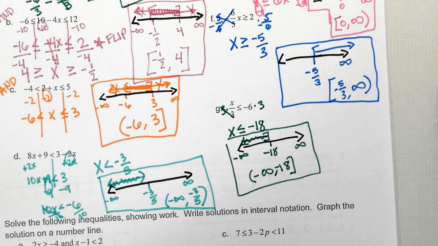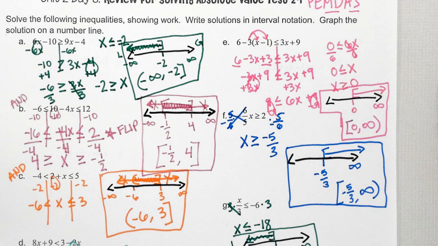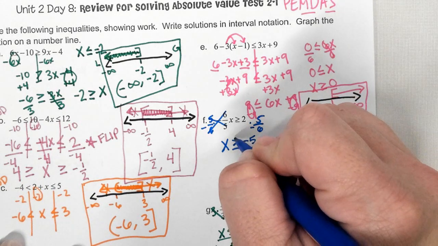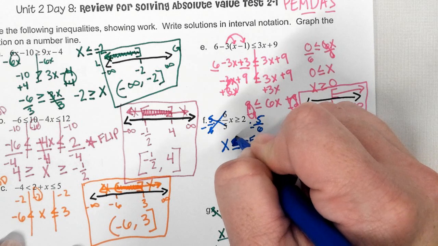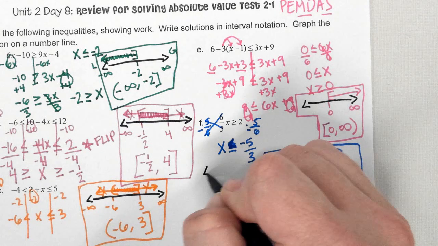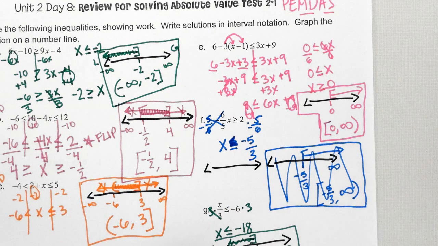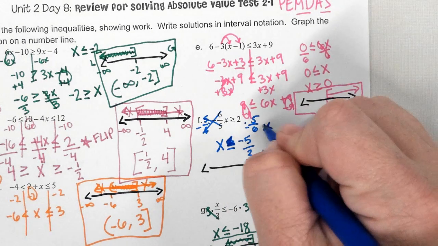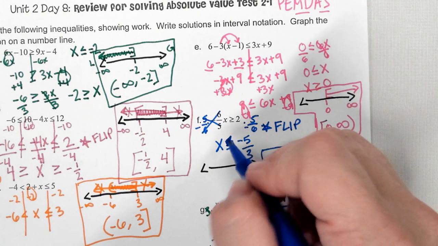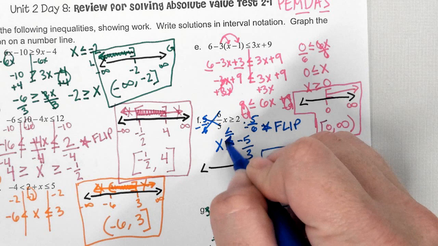For which one? Oh, good call. On F, we should have flipped a sign. We multiply both sides by a negative. Thank you. So it's less than or equal to. My bad. See, I do it too. So x flipped is less than or equal to.